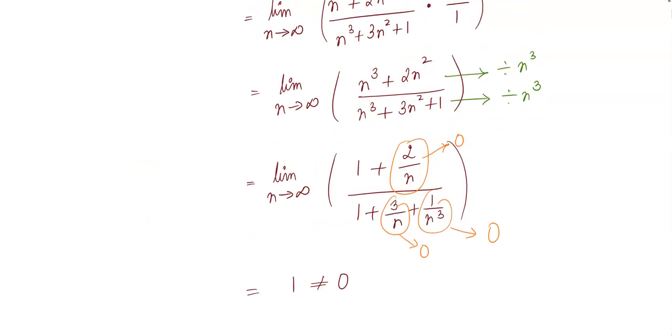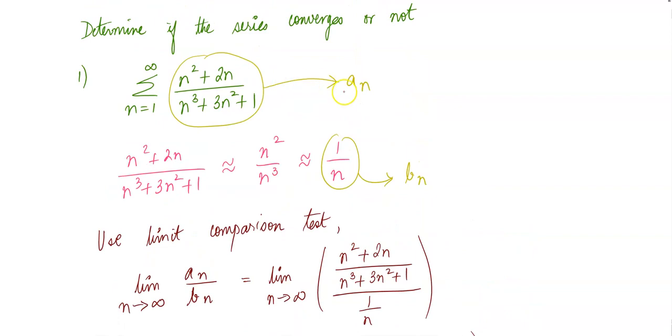So then I come back here. Now we don't know anything about An, but we do know about Bn. The series Bn is 1 over n, which is a harmonic series. Summation Bn is a harmonic series, and we know harmonic series diverges.